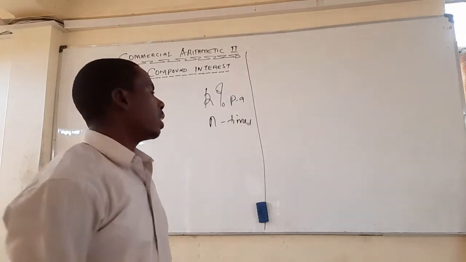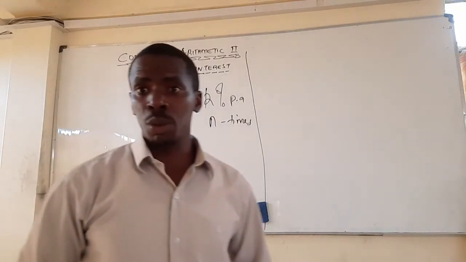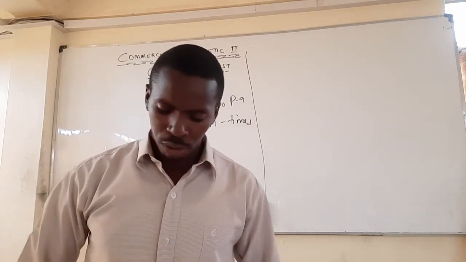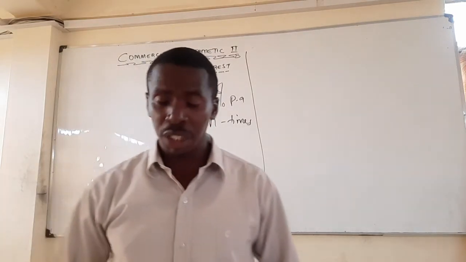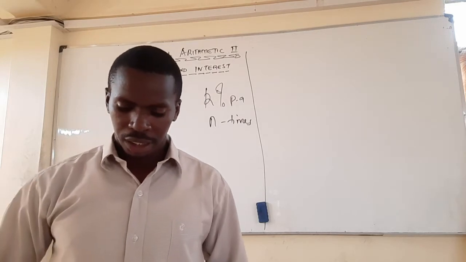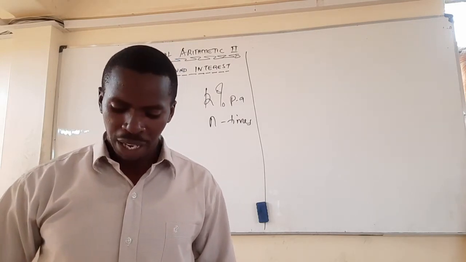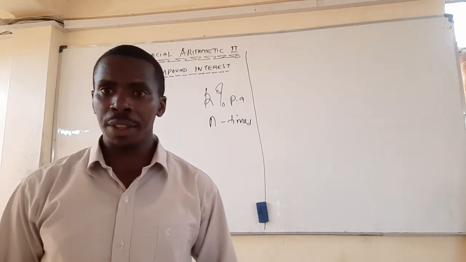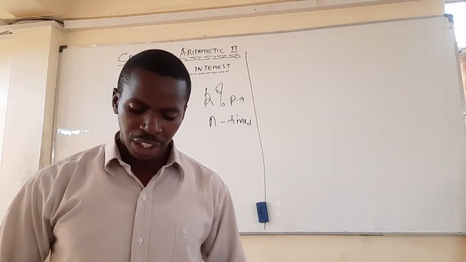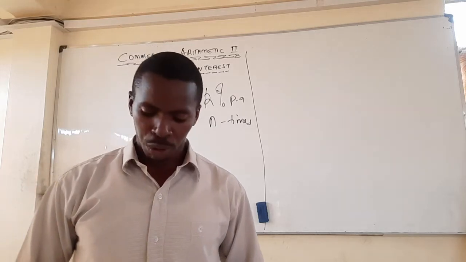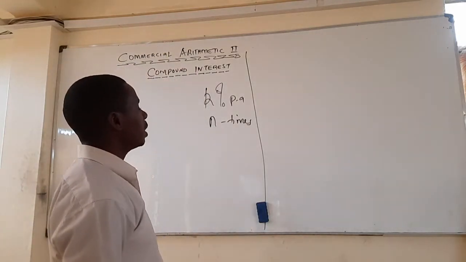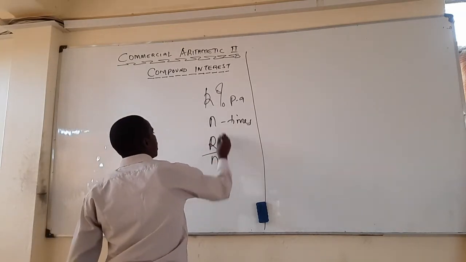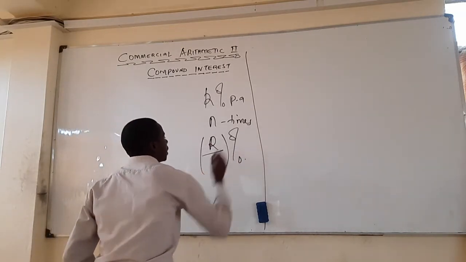So in 1 year, if it is annually, it is only one. If it is semi-annually, it is twice, and so on. That is our n. Then the rate of interest per period will be R divided by n percent.